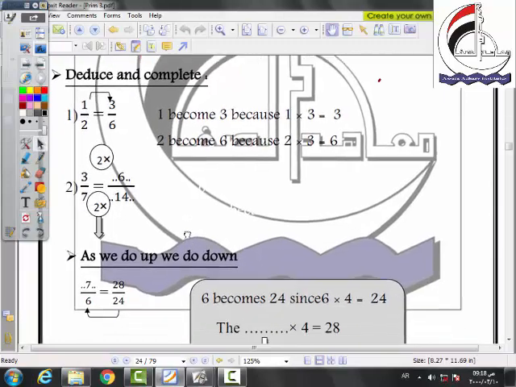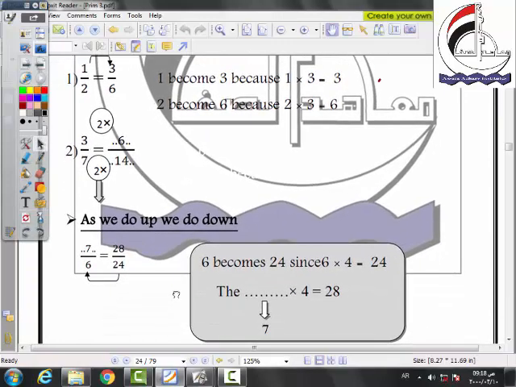In this example, space over 6 equals 28 over 24. Okay? Here, the missing number is the numerator of the fraction.